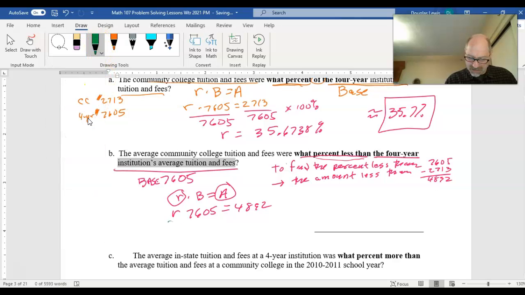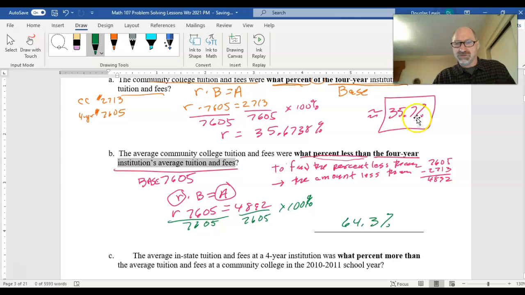We're going to divide both sides by 76.05, and then multiply by 100% when we change it to a percent. And so 48.92 divided by 76.05 is 0.643 times 100 is about 64.3%.